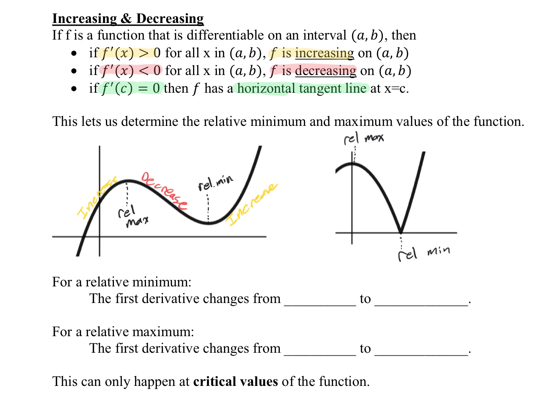Okay, so let's fill in some words down here. For a relative minimum, the first derivative would change from negative to positive.